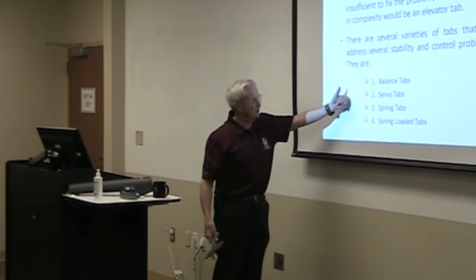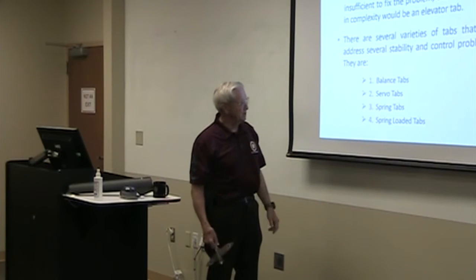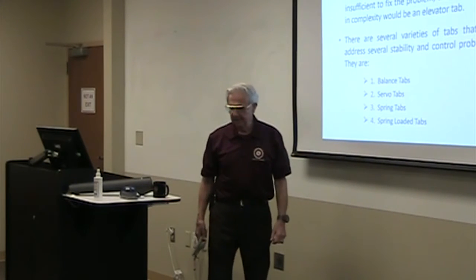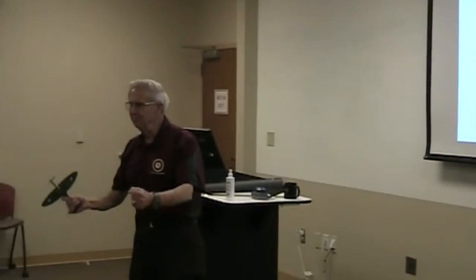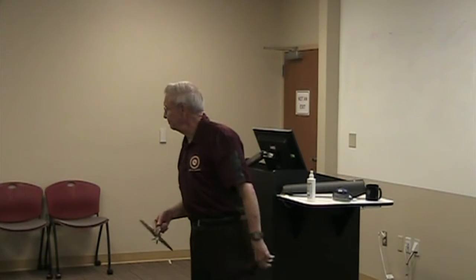So you have to have a tab of some kind if you have an all-flying tail or stabilizer. So we'll look at balance tabs. Another tab that's out there is called a servo tab. With a servo tab, the pilot actually moves the tab, and it moves the elevator. That's what a servo tab really is. Now, the magazine writers in recent years have got this all screwed up, okay?